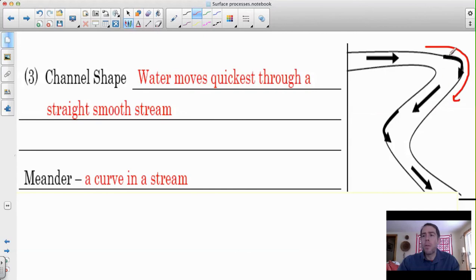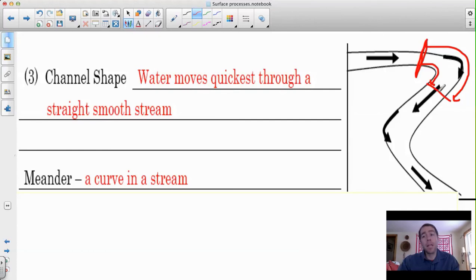So we have greater speed out here, and because this has to go in the same amount of time, you can see that if we start at this spot and we end at this spot, a particle that has to travel on the outside has to travel a much bigger distance than one on the inside.